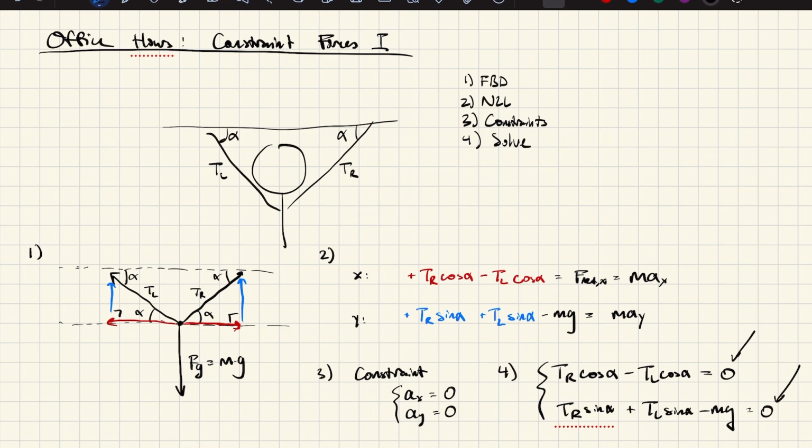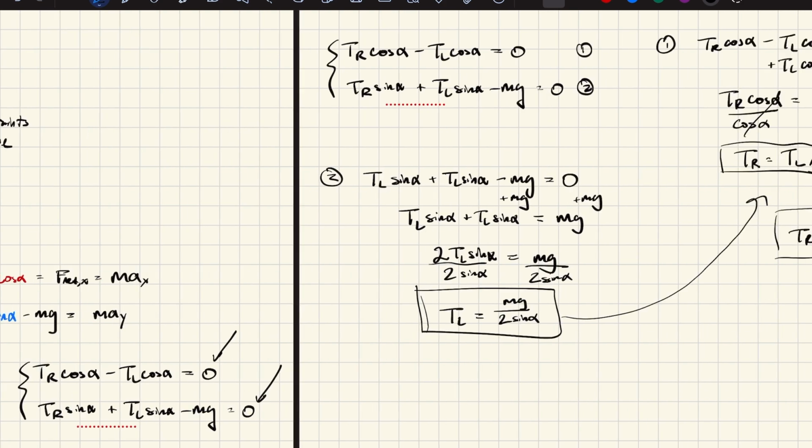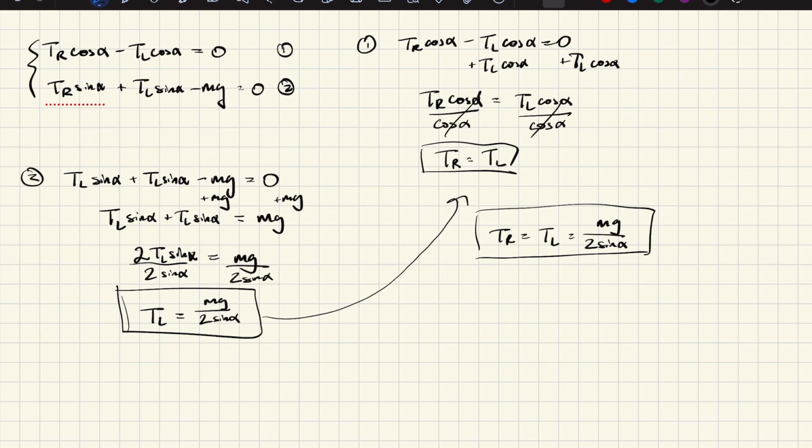So we definitely can't solve two equations that have 4 unknowns. And so these constraints are really, really important, and they're the only thing that allow us to solve for what the tensions actually are. In our case, we found that the tensions are exactly mg over 2 sine alpha, and it turns out this is the only value that you can have for the tensions that maintains that the system isn't accelerating at all.